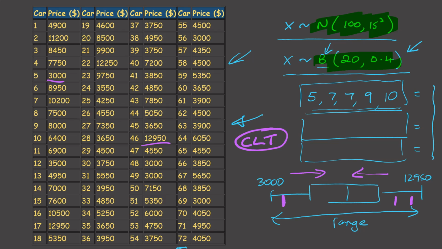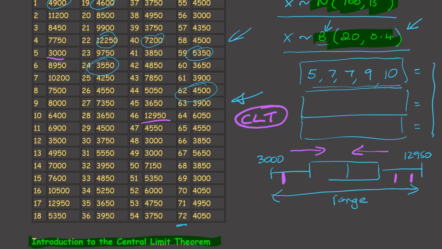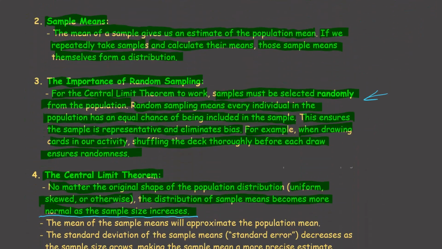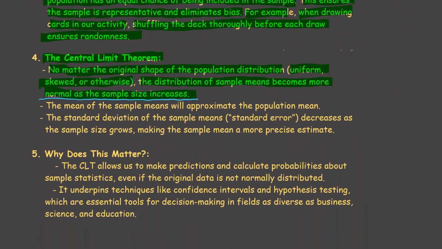So what would happen is we would need a bigger sample taken randomly, and the bigger the sample, the more quickly it will tend to a normal distribution. So the sample size is a big factor, again worth remembering because it's easily asked in an exam and just a 1-mark answer.